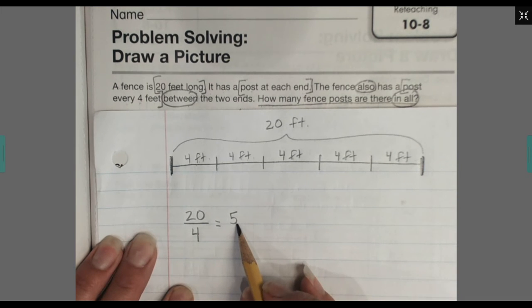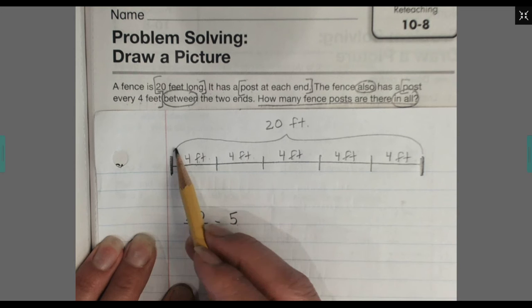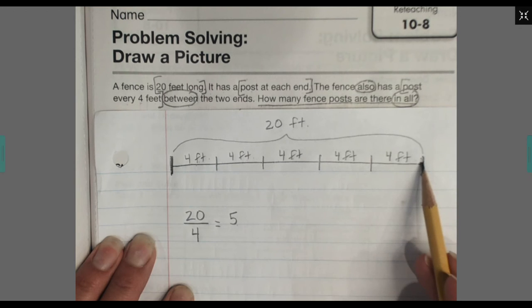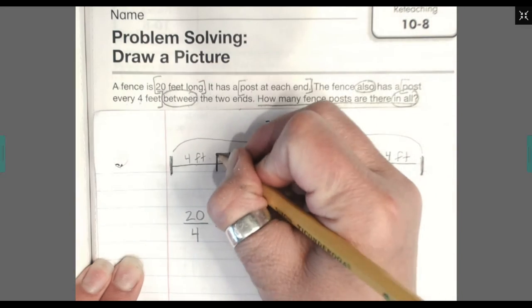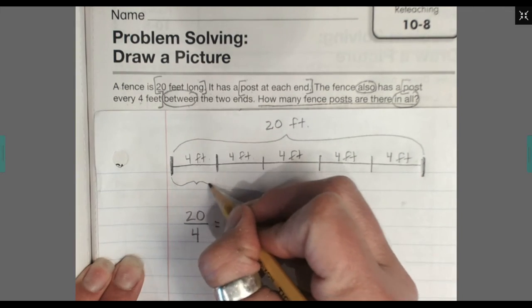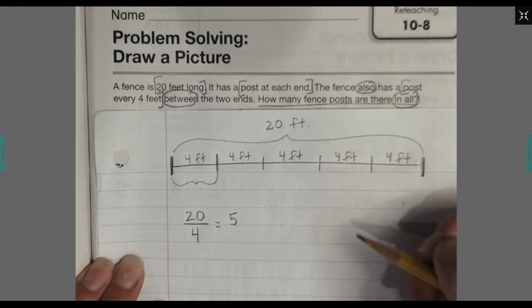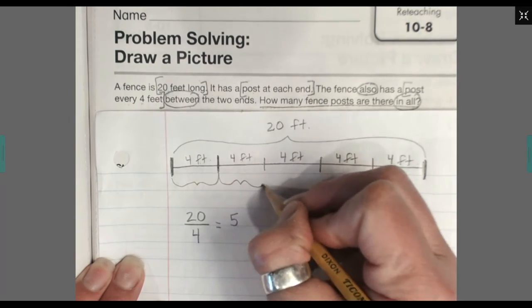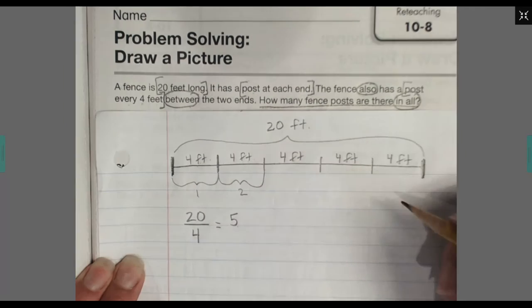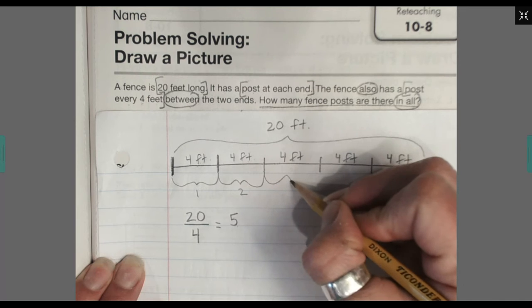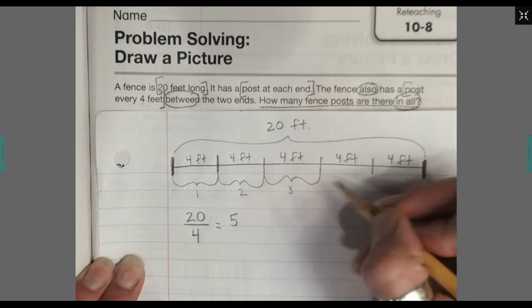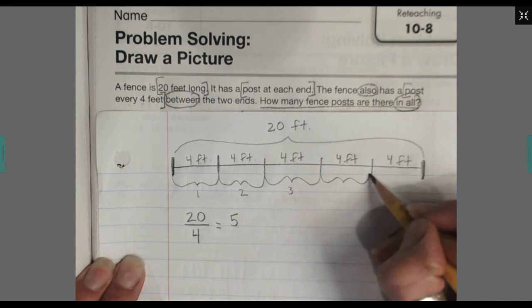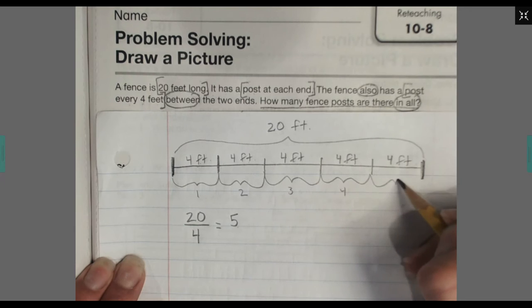Now, if I'm going to label my 20 as my whole, this is one part. This is a second part. This is a third part, and so on, for my total of 5 parts.